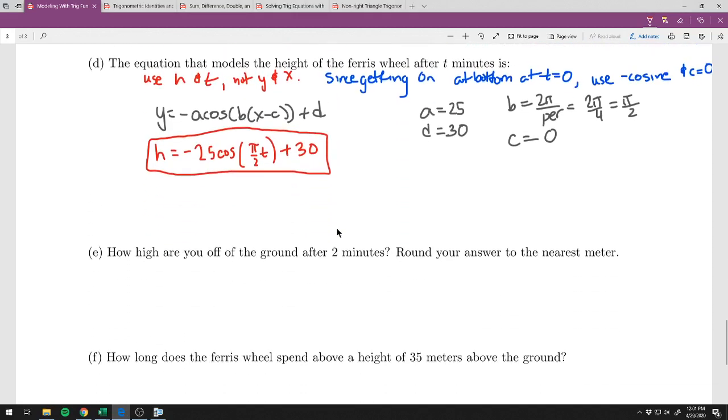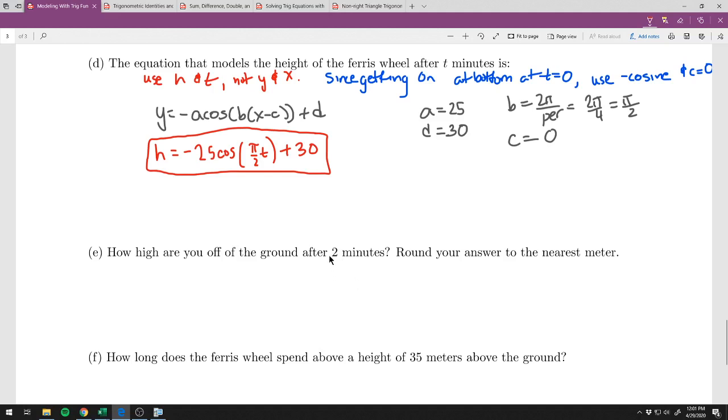All right, so I just want to do 2 things with this equation. Neither of them is necessarily something you can't do, but especially the last part might seem a little tricky initially. So this first one says, how high are you off the ground after 2 minutes?